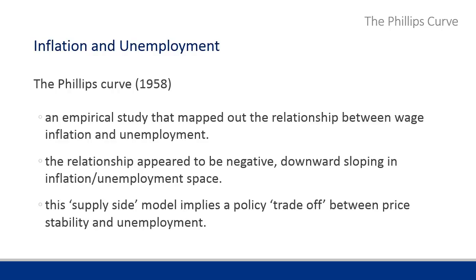This suggested an economic model, a supply-side model, that implied a trade-off between price stability and unemployment. We could have high inflation and low unemployment, or we could have low inflation and high unemployment, which is intuitive.